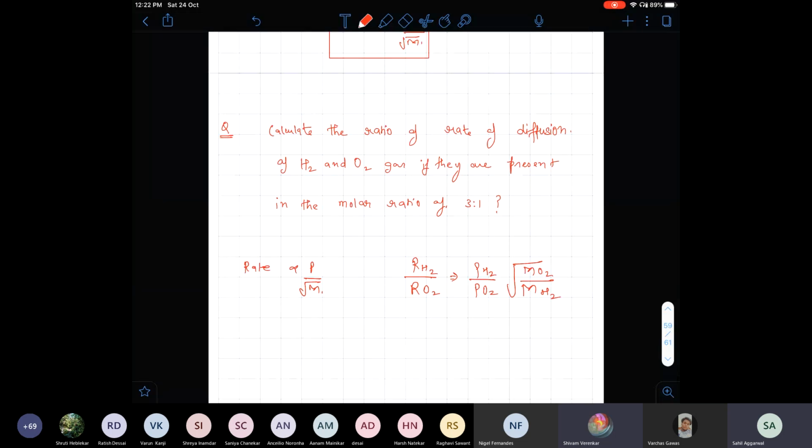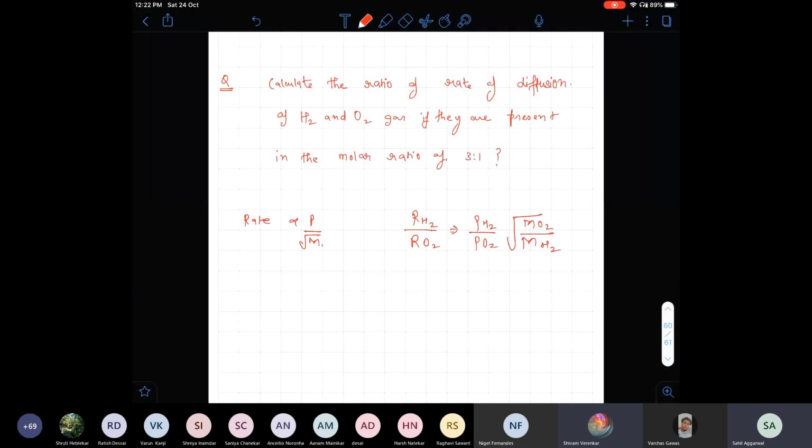Right? Now molar ratio is same as that of the partial pressure ratio.